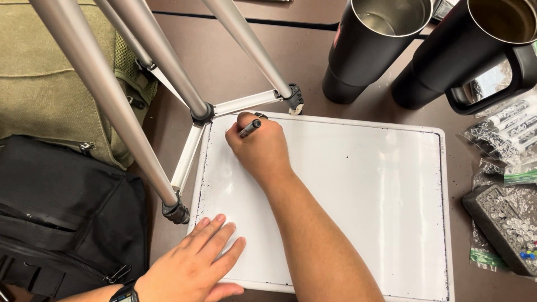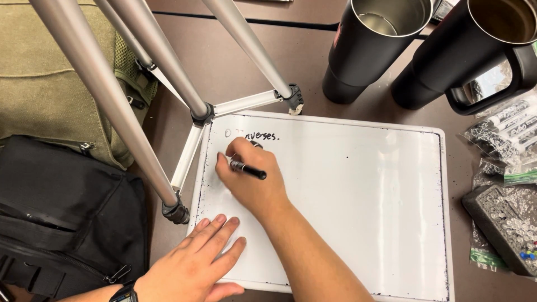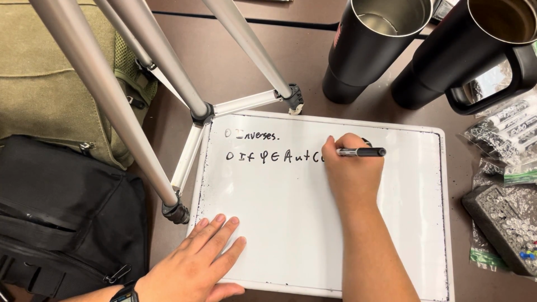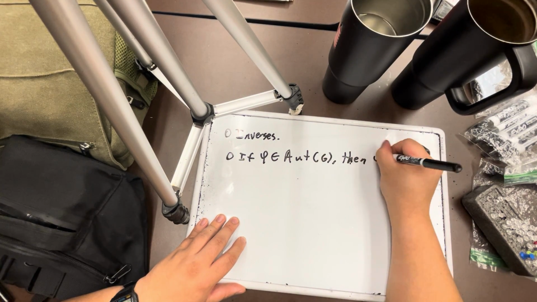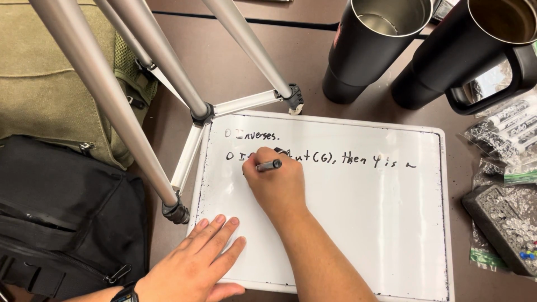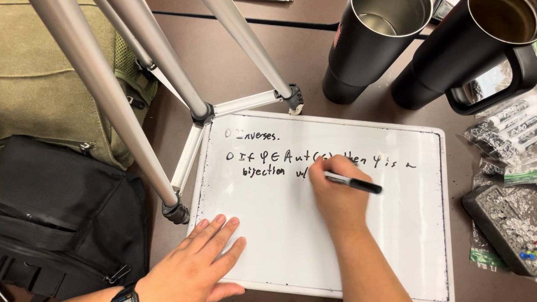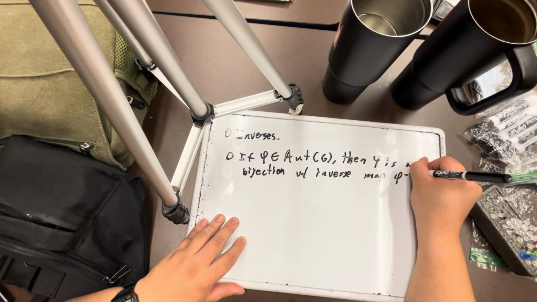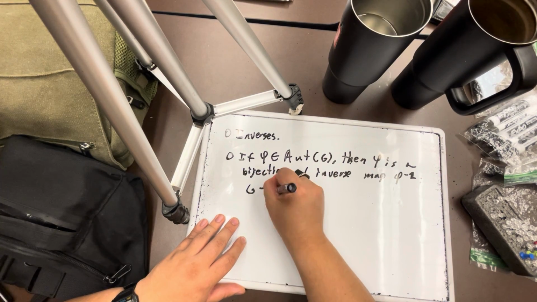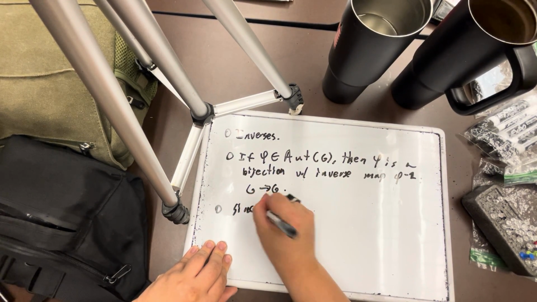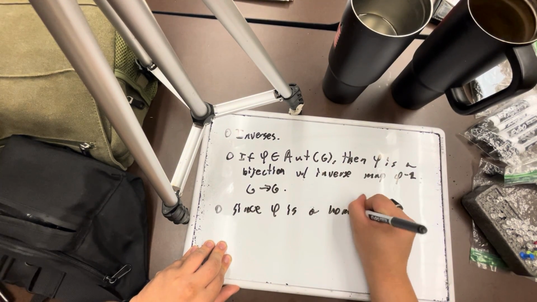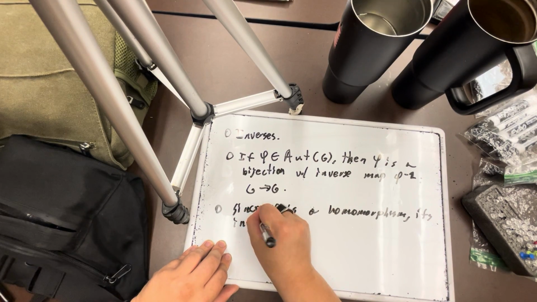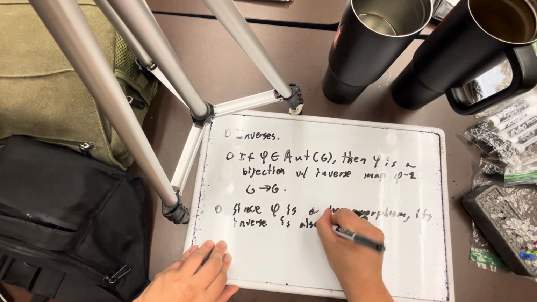Okay, so for inverses, if phi is within Aut(G), then phi is a bijection with inverse map phi to the negative 1, the inverse of phi from G to G. Now, since phi is a homomorphism, its inverse is also a homomorphism.